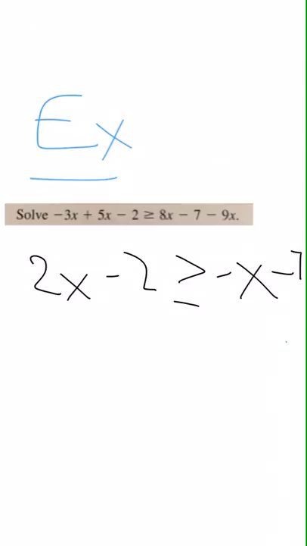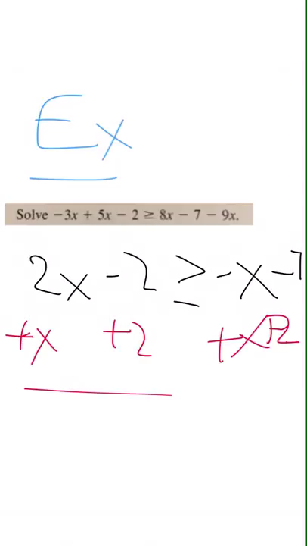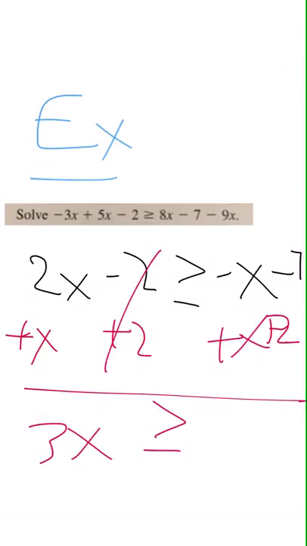So, we can try adding x to both sides and also adding 2 to both sides. So that would tell us that 3x is greater than or equal to negative 5.